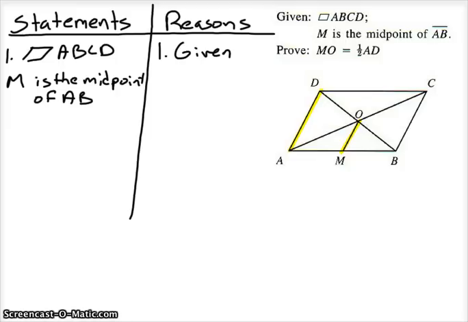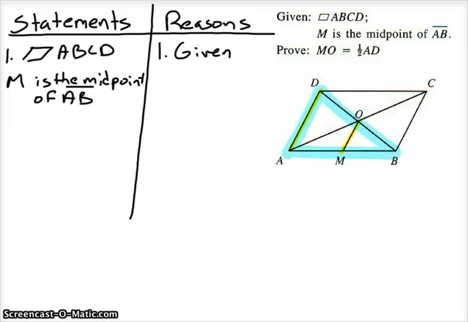So as I look at this problem, if I look at this larger triangle, triangle ABD, if I could show that M is the midpoint of AB and O is the midpoint of DB, then I would know that MO is half of AD. Well, I'm halfway there. The given already told me that M is the midpoint of segment AB. So the only thing that I have left to show is O is the midpoint of DB.